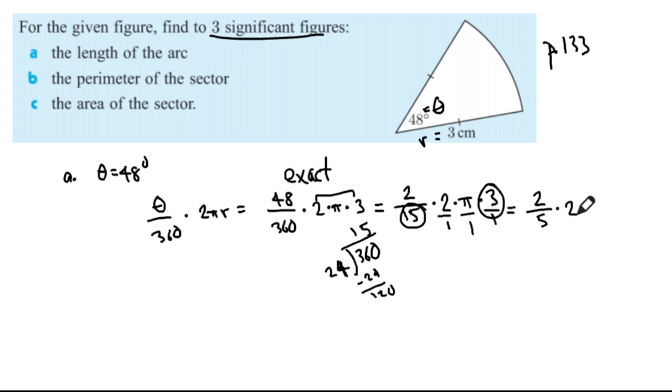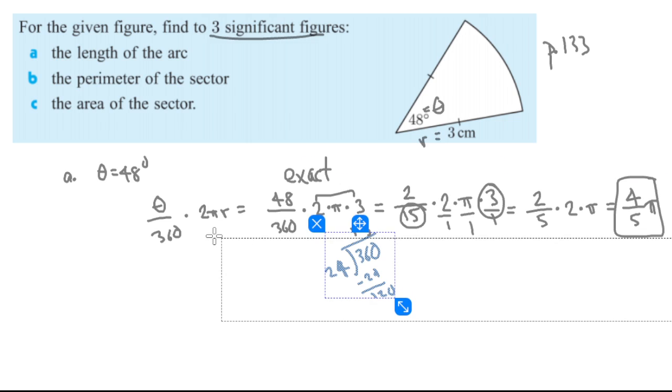Times this 2 times pi, or we could say 4/5 pi. So when you put your answer in the calculator, you should get the same answer from the book, and it should be right there on page 133 if you want to look.